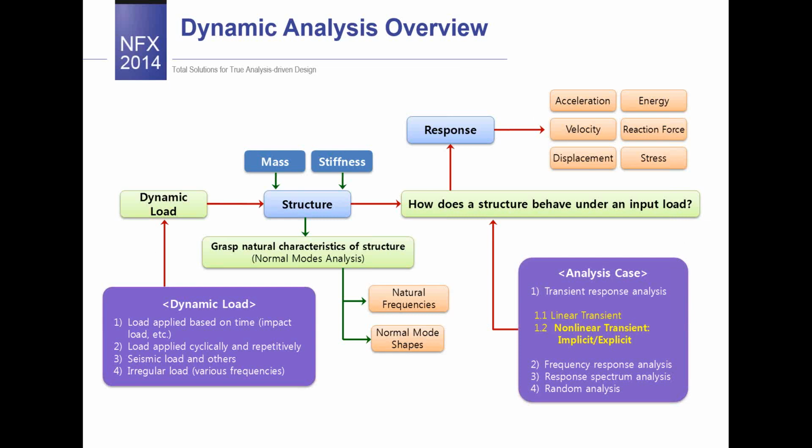So how will a structure behave under an input load and what kind of response can we expect? The answer to these questions defines the required type of analysis. So we have to study first what our modeling assumptions and, let's say, modeling conditions are, to select the proper type of analysis.